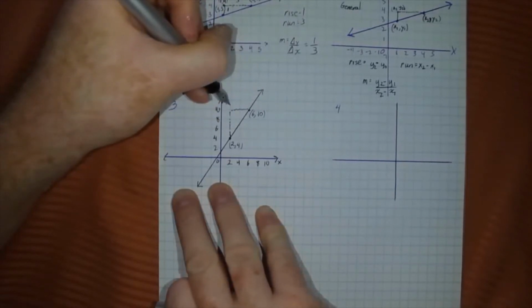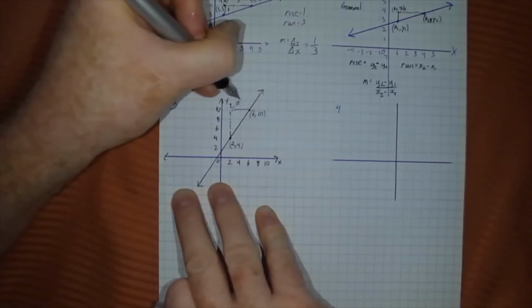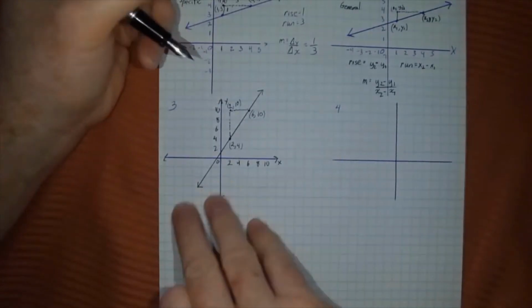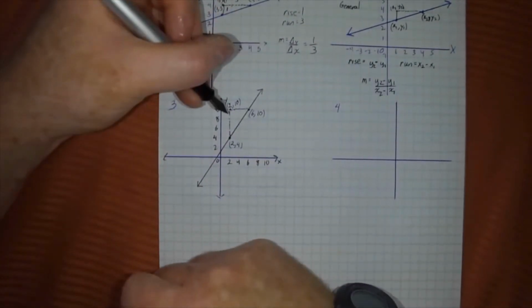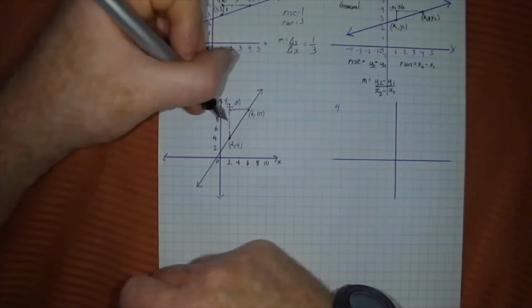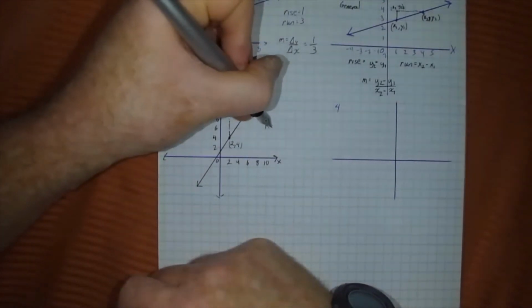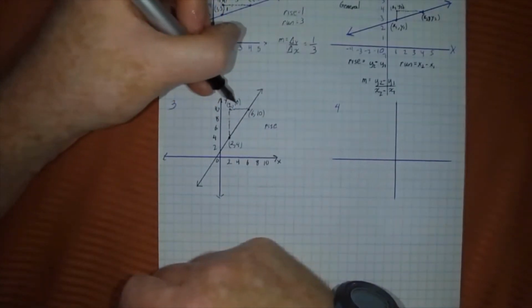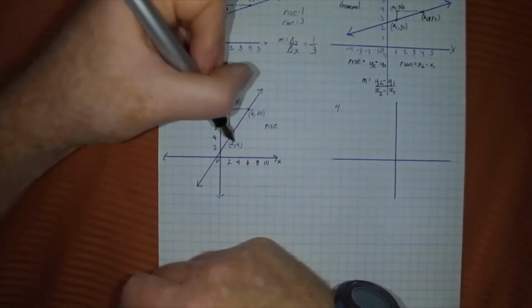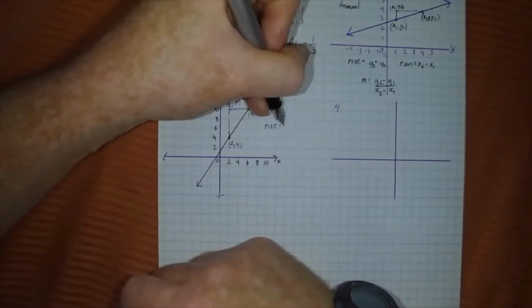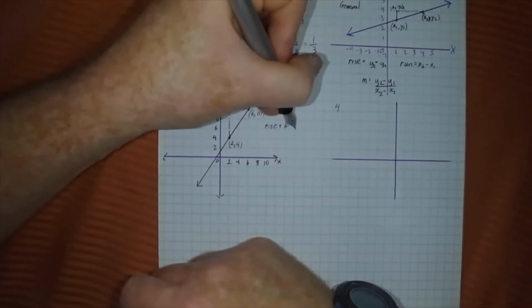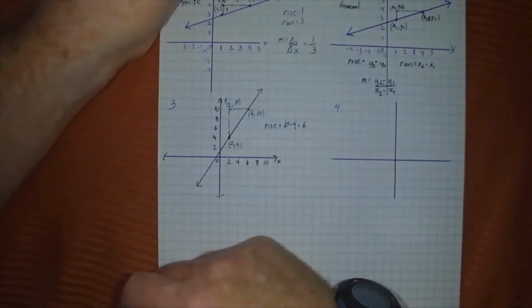I'm going all the way up to 2, 10. This point would be 2, 10. So what's my change in my rise? Well, I went to 10 from 4. So my rise is 10 minus 4, or 6.